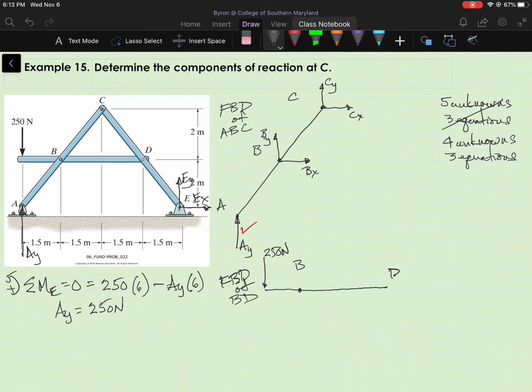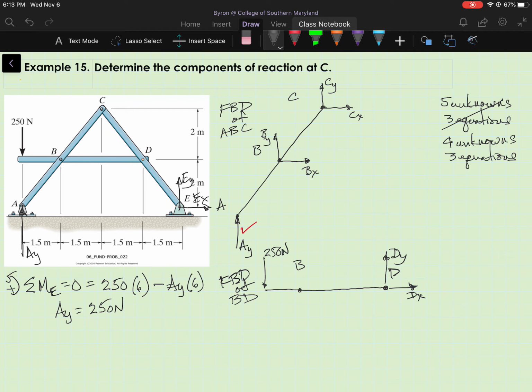Okay, so let's put the unknowns on here. I have a pinned reaction at D, so I need to show the 2 components. So those are 2 new unknowns.